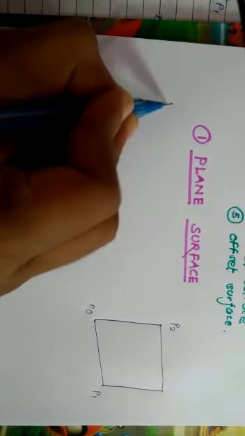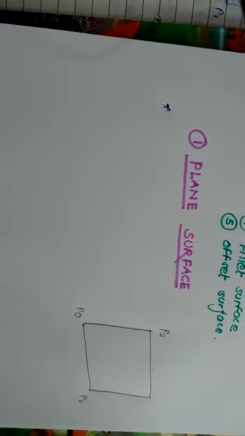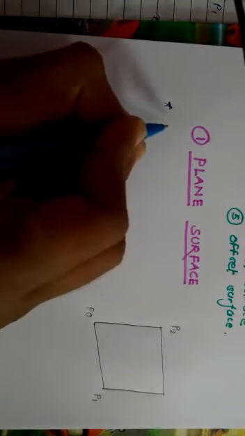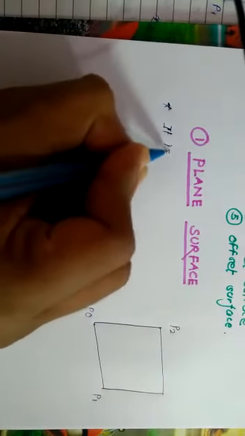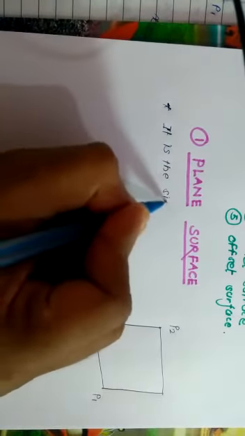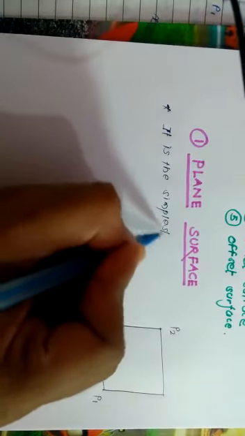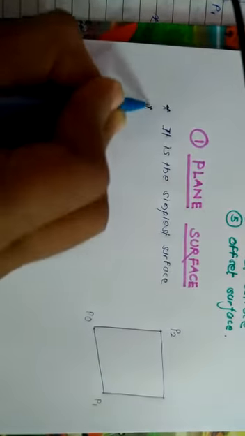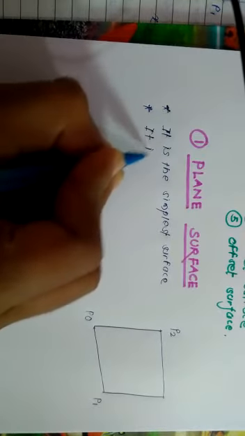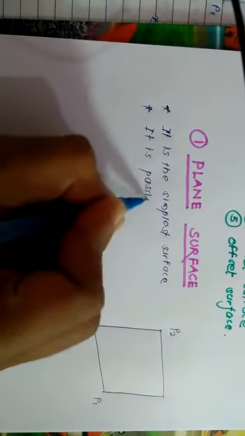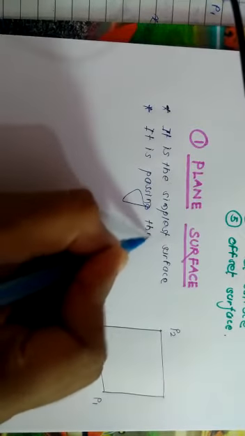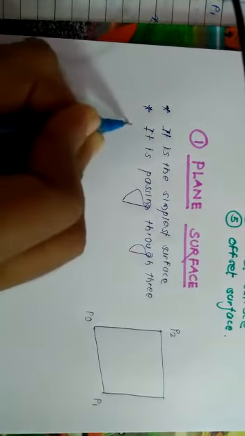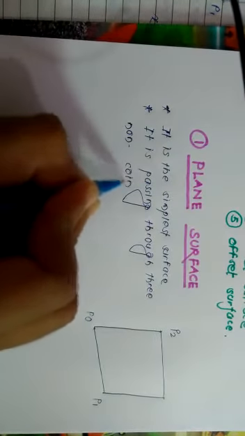Okay, so the different properties regarding the plane surface are: it is the simplest surface, and it passes through three non-coincident points.